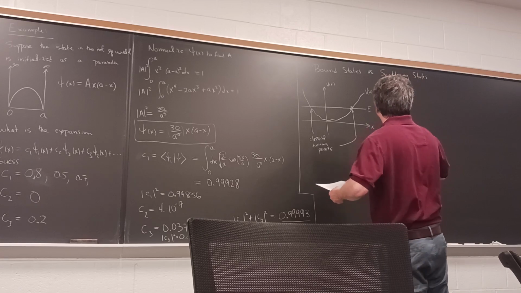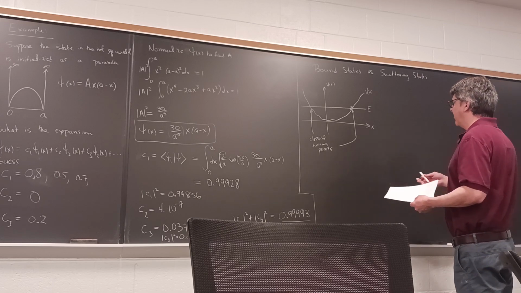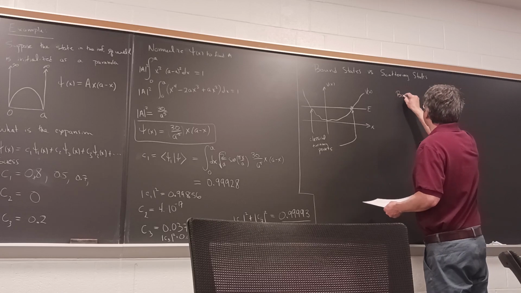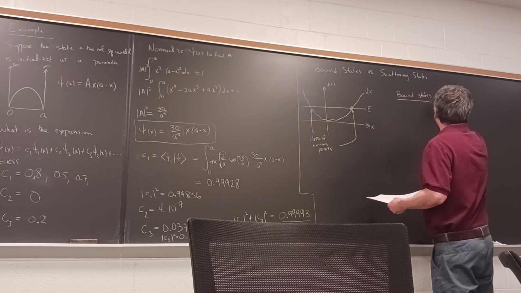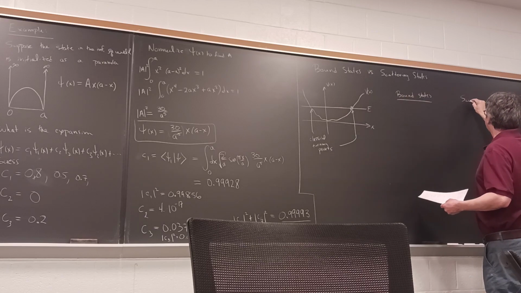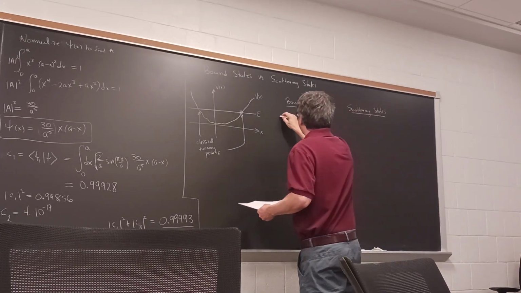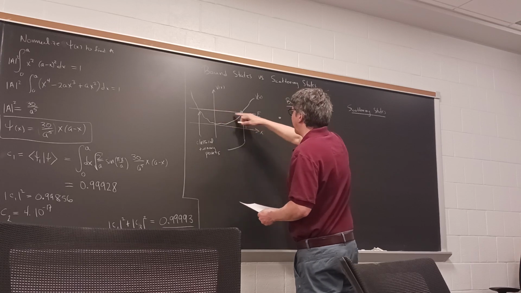Okay, but there are other kinds of potentials where the particle could escape. So we want to define what's different between a bound state and a scattering state. Bound states are states where a classical particle would be stuck.